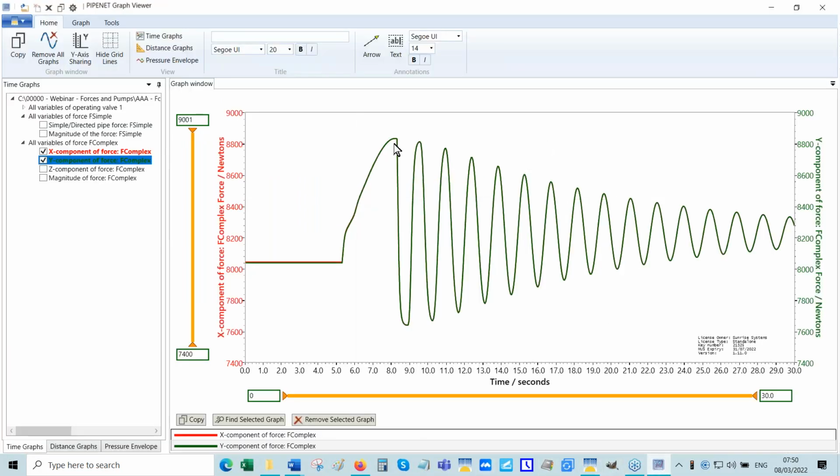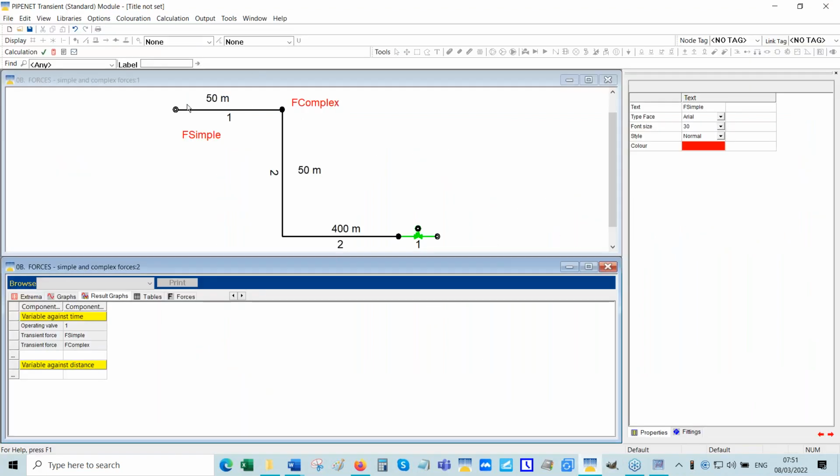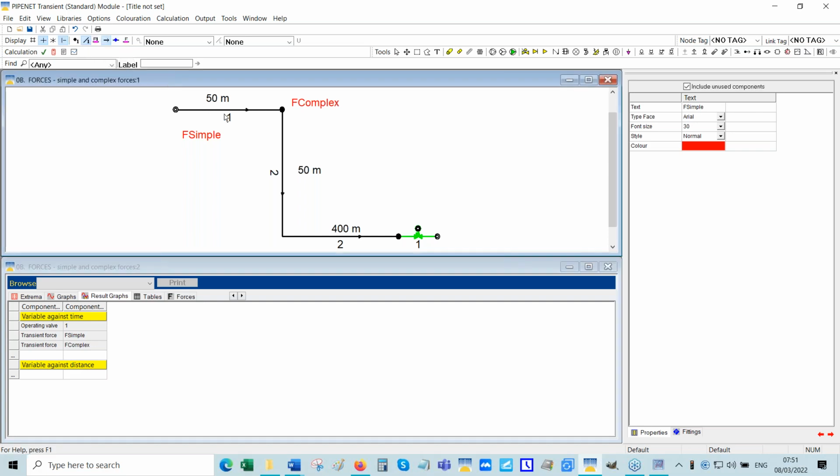You can see that they're both positive, but a positive force means something quite different when it's a simple force or a complex force. It's obvious when I talk about it. A simple force will be positive if it's in the same direction as the direction of the pipe.